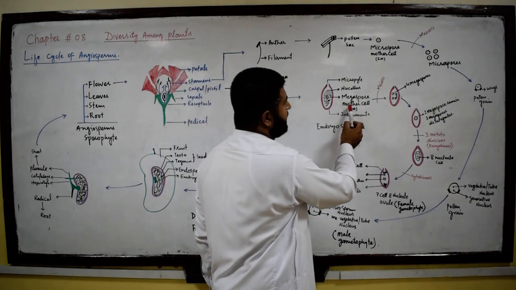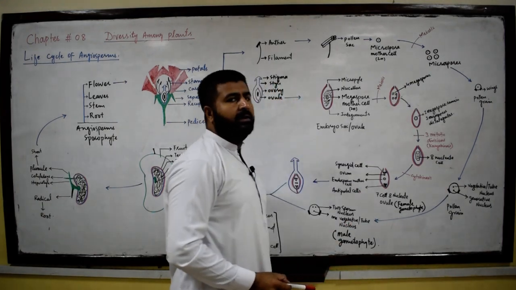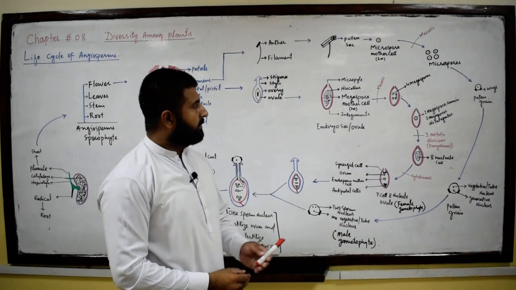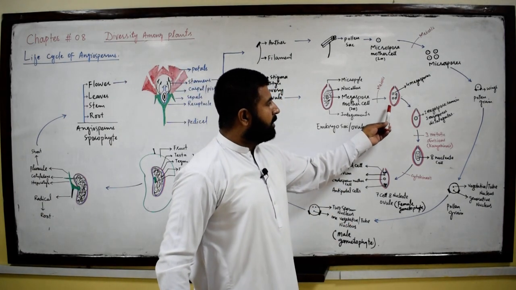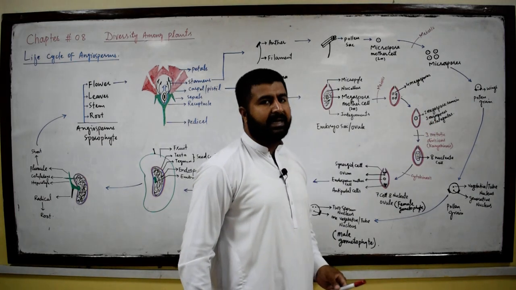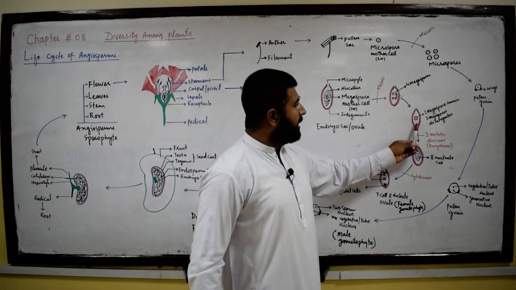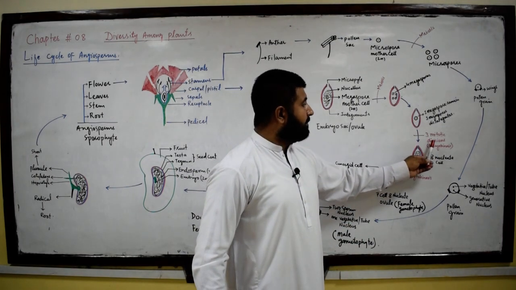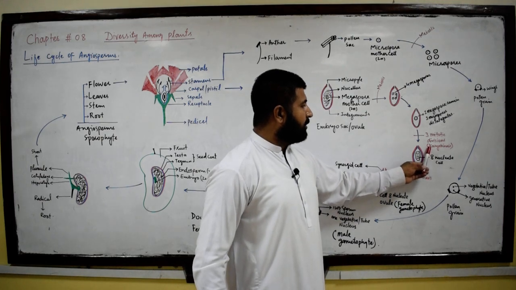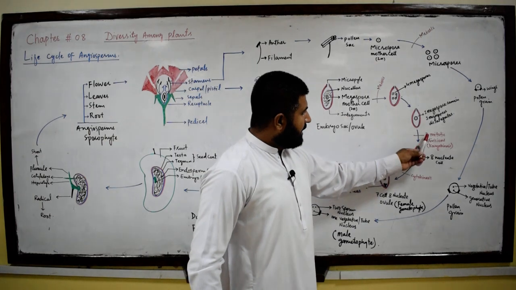The megaspore mother cell undergoes meiotic division and produces 4 megaspores. Out of 4 megaspores, 1 megaspore remains while 3 megaspores disintegrate. This 1 megaspore undergoes 3 mitotic divisions and only karyokinesis occurs at this stage.